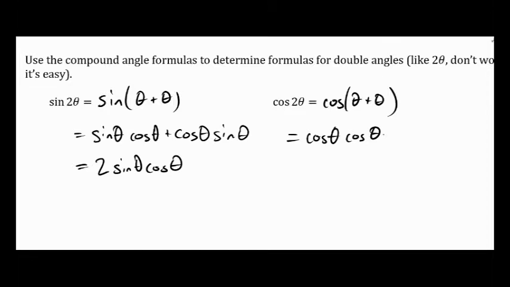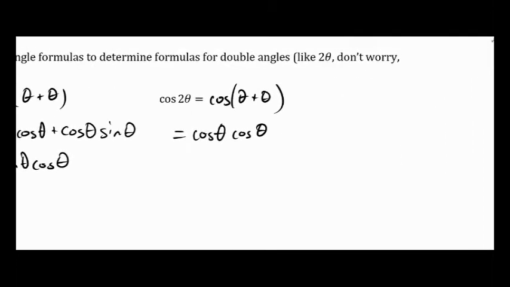So it's just cos theta cos theta, and then change the sign, sine theta sine theta. So order matters here because of that subtraction. And what is cos theta times cos theta? What's another way of writing that? Yeah, that's cos squared theta.